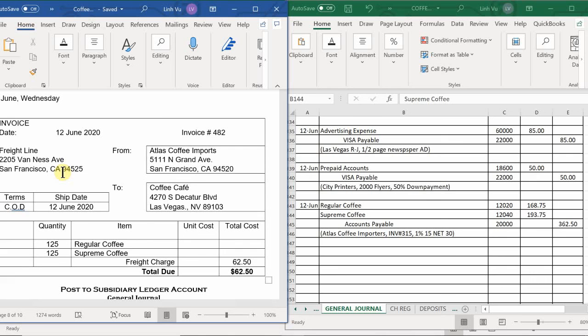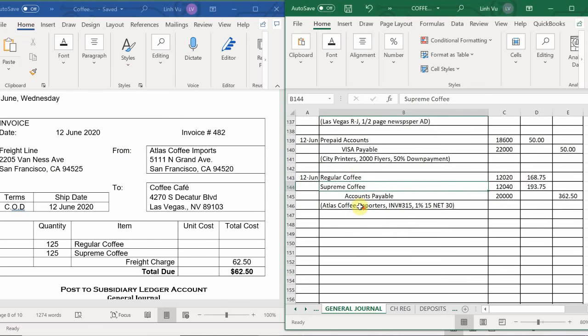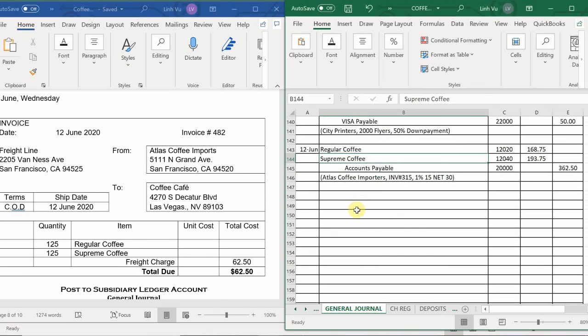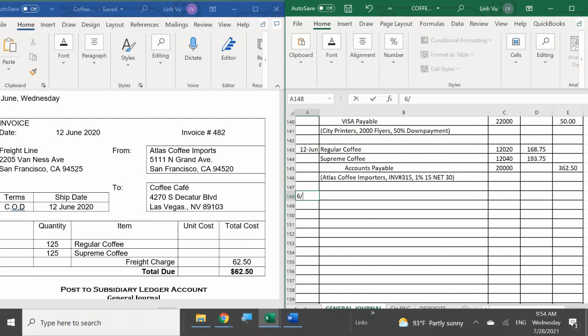Now, in this case, how are we going to record this extra cost? How are we going to record the shipment for my coffees when they are perpetual inventory?